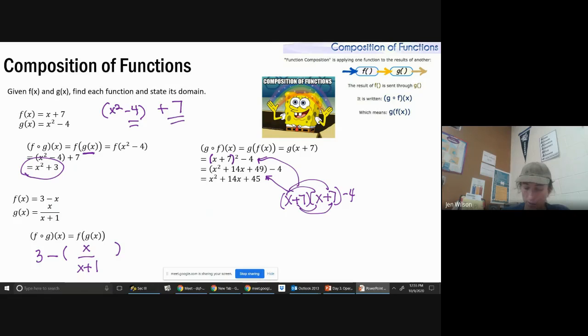So I'm going to say my domain, the denominator cannot be 0. So I'm going to actually set it equal to 0 to see what it can't be. Well, if I subtract 1 from both sides, I get x can't be negative 1. So everything else is okay.